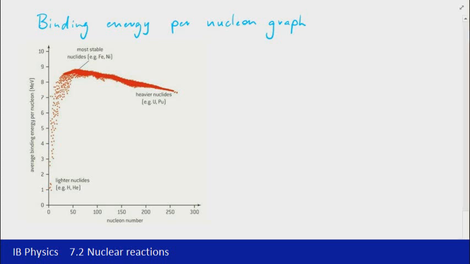And a few things to note, as is indicated on the graph, the peak of that graph, so where we have the maximum binding energy per nucleon, is in the vicinity of iron and nickel. So they're the ones that have the highest binding energy per nucleon.